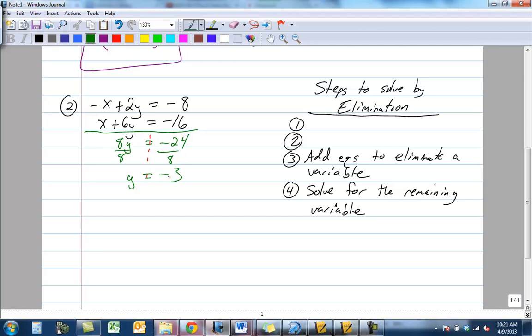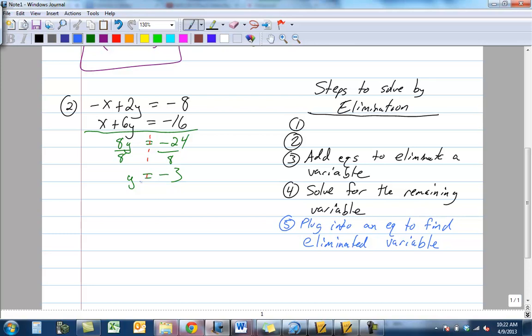All right. Step 5. Plug into an equation to find the eliminated variable.